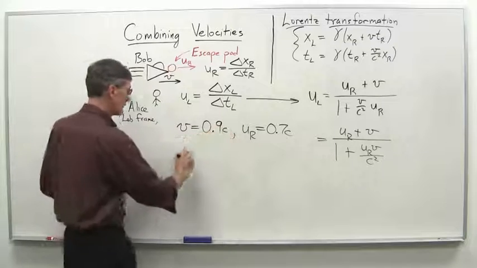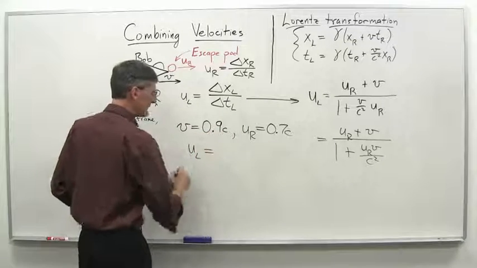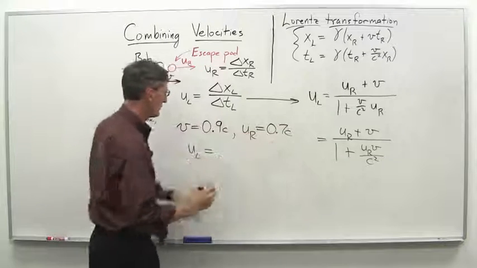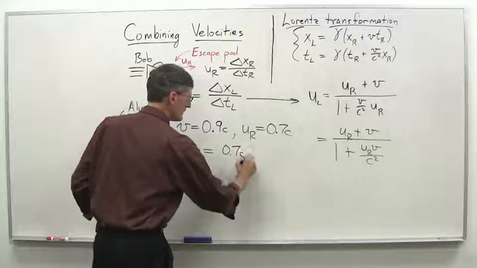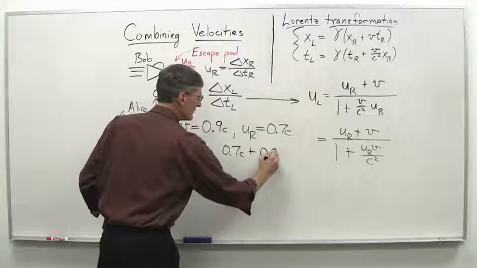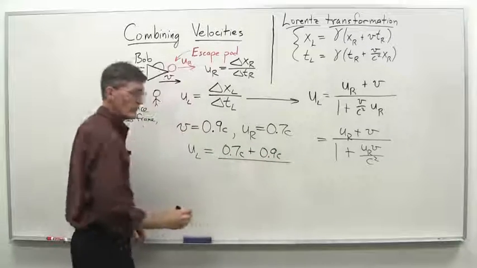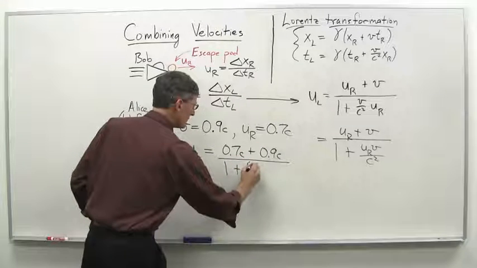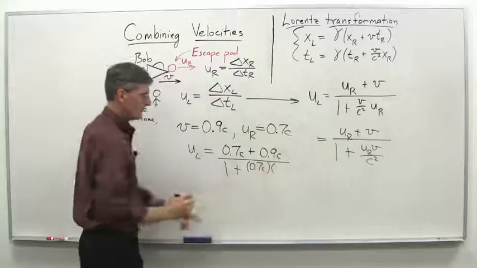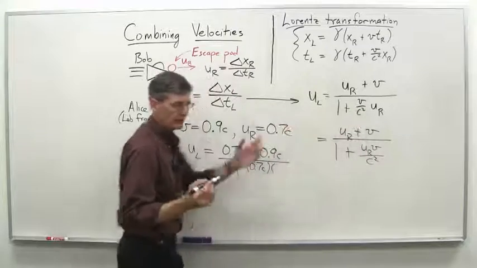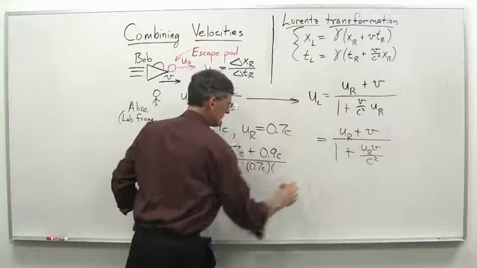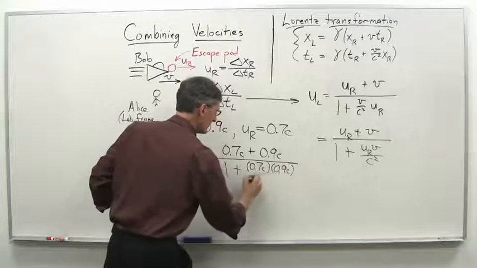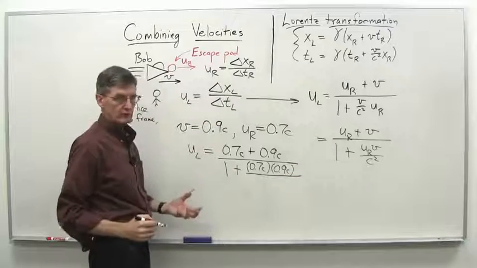So let's try out our formula here. We got u sub L, the velocity in the lab frame that Alice is going to see. So u sub r is 0.7 c, plus v is 0.9 c. On the bottom, we've got 1 plus u sub r, 0.7 c, times v, which is 0.9 c, all over c squared.